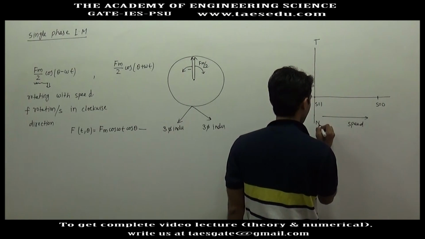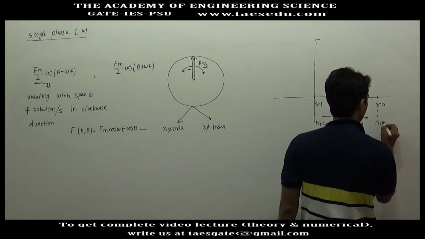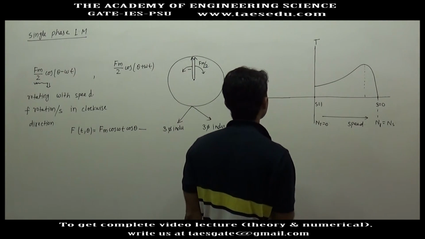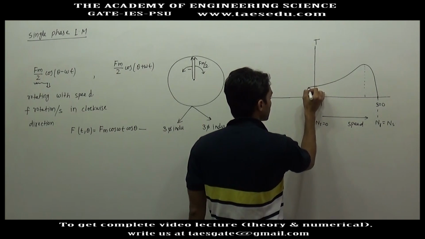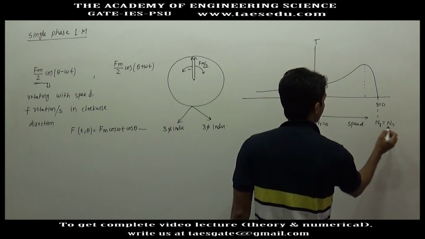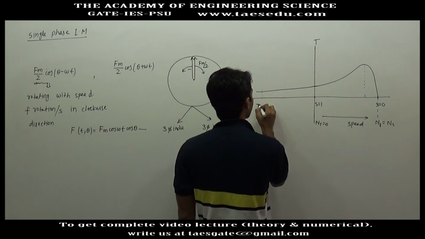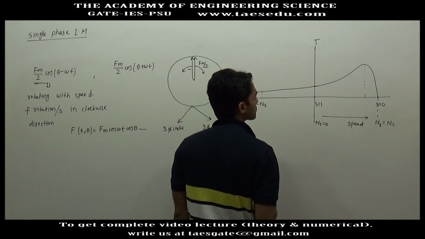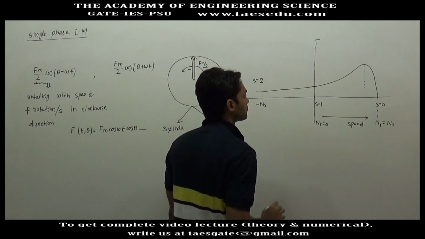Here we have nr equal to 0, and if you extend it, here we have speed ns, and at this point we will have a speed minus ns and slip equal to 2.